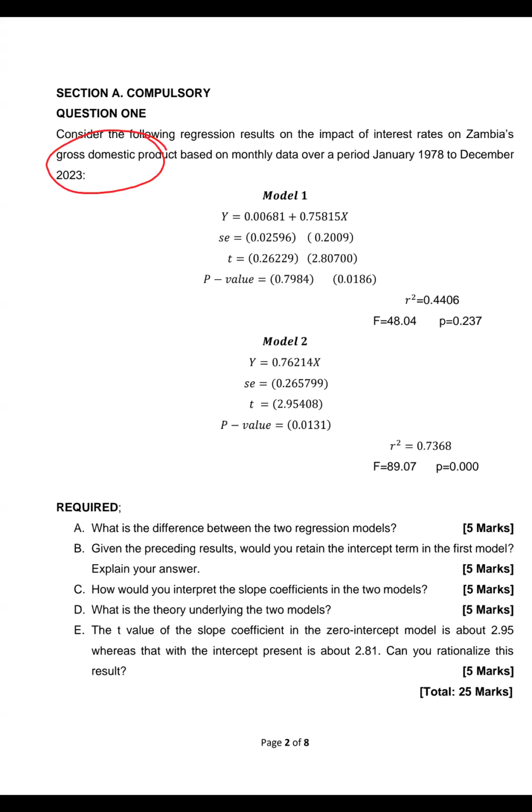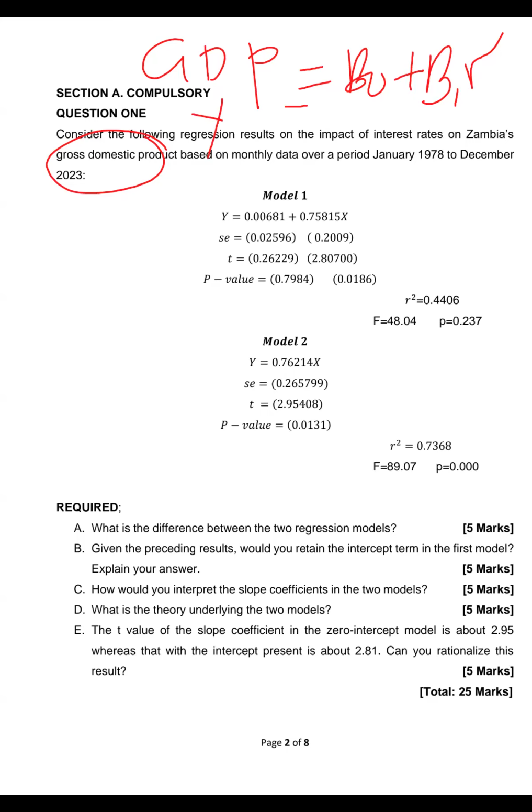Your dependent variable is GDP, beta naught plus beta 1, which is interest rate this time around. Your X1 is interest rate. You're following, right? So your Y is GDP. It is being impacted by interest rate, yeah? That's your beta 1, all right?